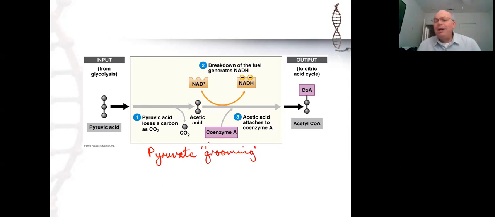But notice as part of the process, not only is the carbon dioxide lost, but electrons are transferred to NAD plus and reduce it to NADH. So this is another example of a reduction. And of course, if you've got a reduction going on, an addition of electrons, something else has to be oxidized. So where did those electrons come from? They came from the pyruvate or the pyruvic acid.